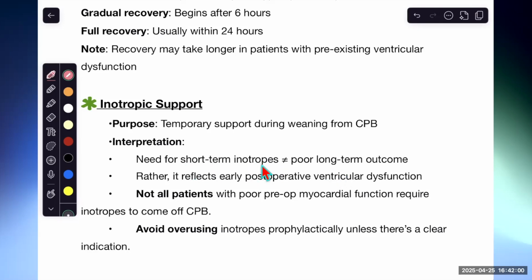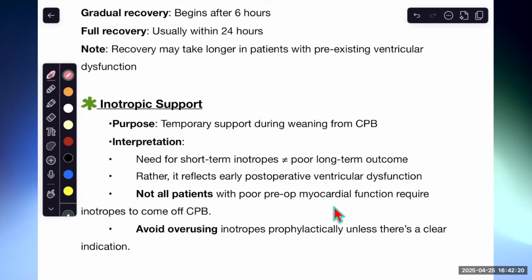But if you did not escalate the inotropes, or you even started to plateau them and started to decrease them, even at a small rate, this indicates a good outcome. And not all patients with poor preoperative myocardial function require inotropes.